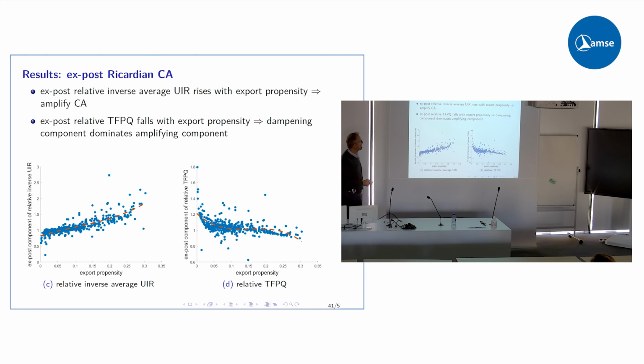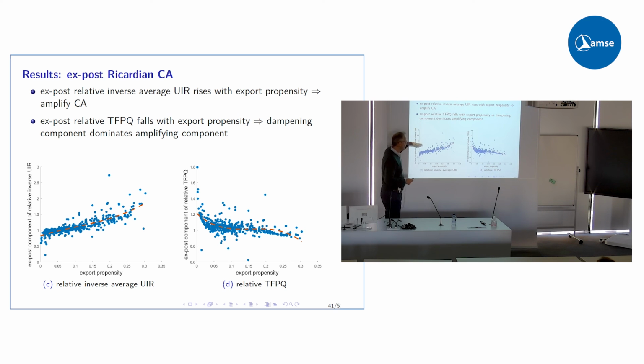And using these parameters, we get all the different components that we were discussing before. So what we have is that the ex post relative inverse average unit input requirement rises with export propensity. So this is the amplifying component.